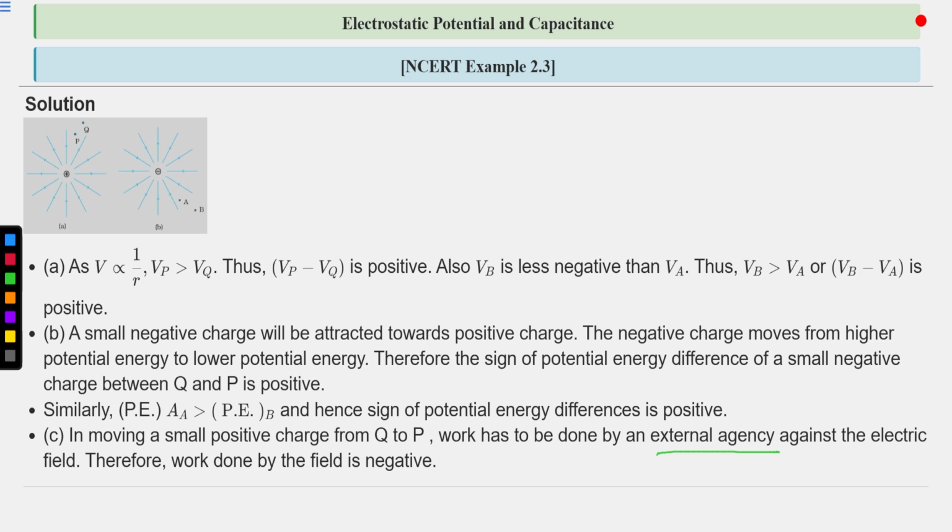So work done is negative. But work done by us, we are doing the external work in which direction? Against this electrostatic field. We are applying the force against the electrostatic field, and also the displacement is in this direction. So work done by us is positive, work done by the field is negative.